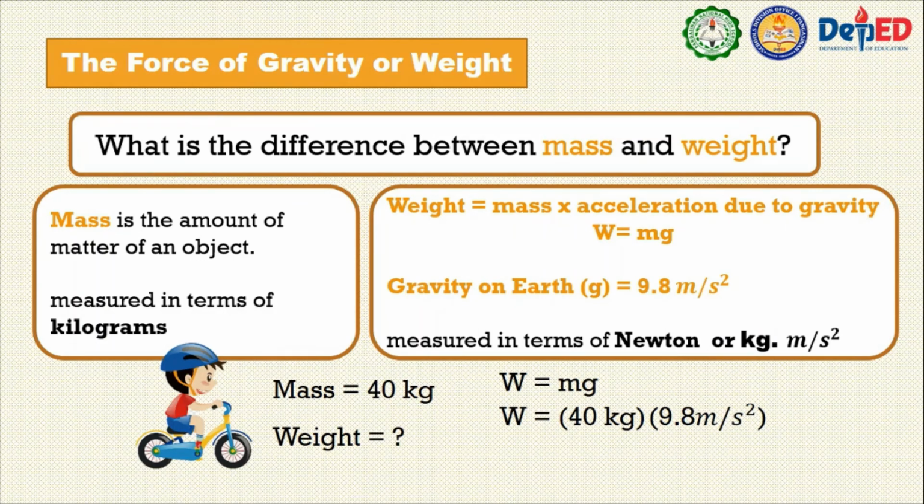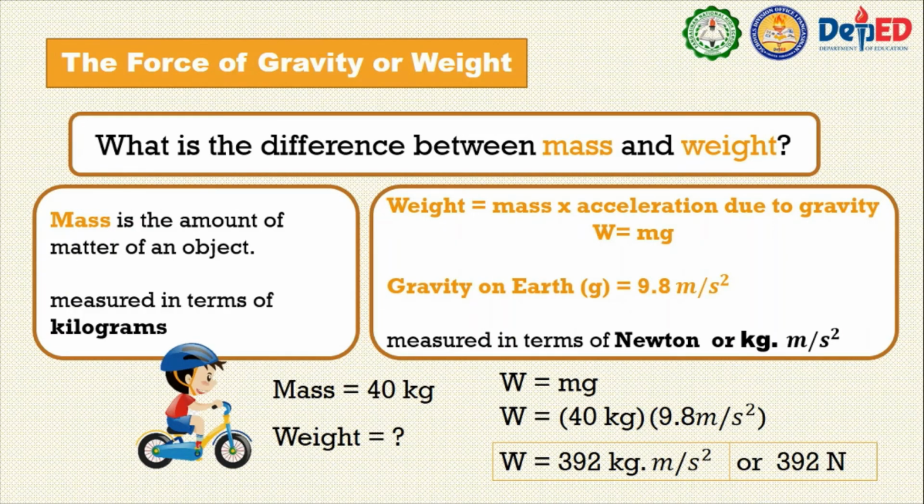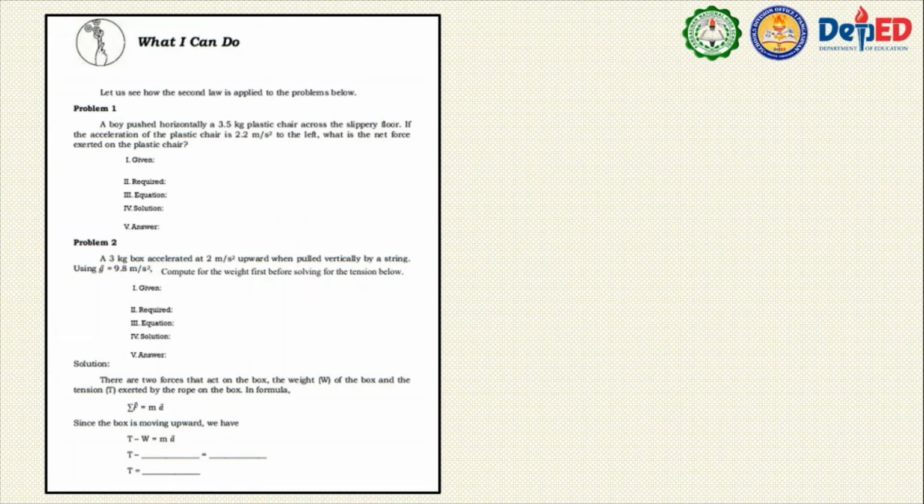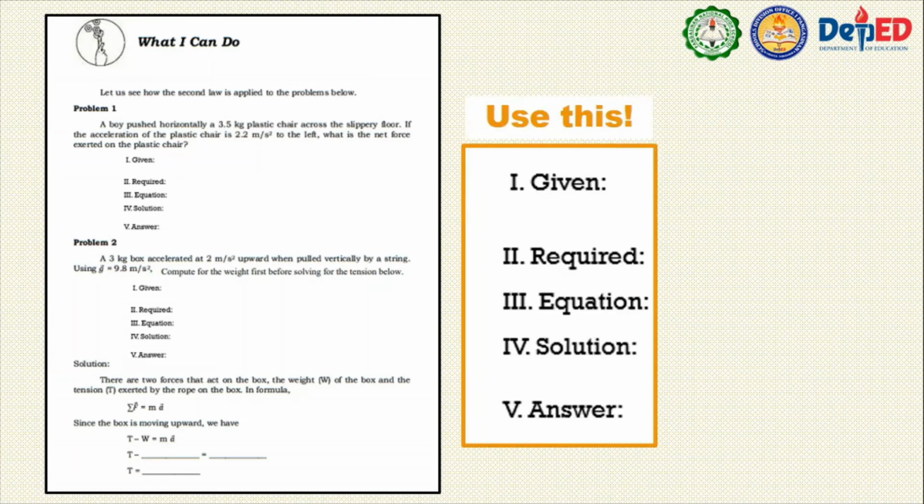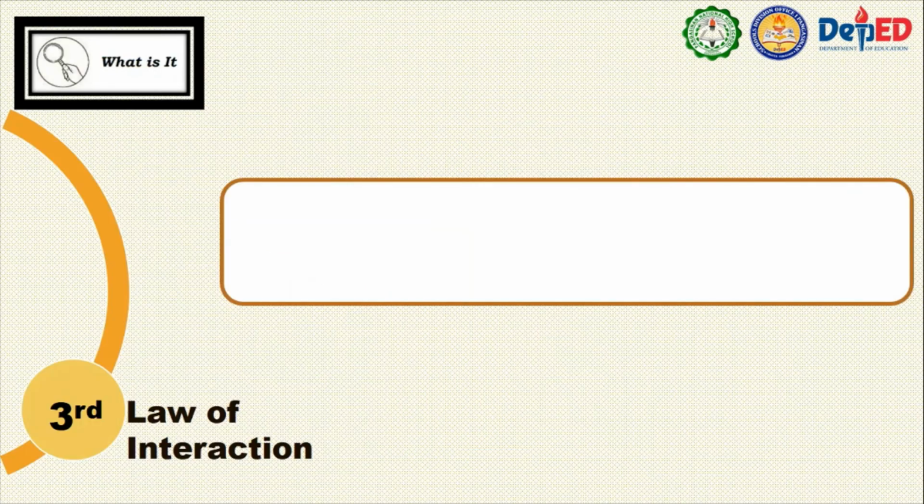The gravity on Earth equals 392 kilogram meter per second squared or 392 Newton. Now, it's your turn. Solve these two problems by using the following steps. See Module 2, page 17 for a clear copy. Good luck!